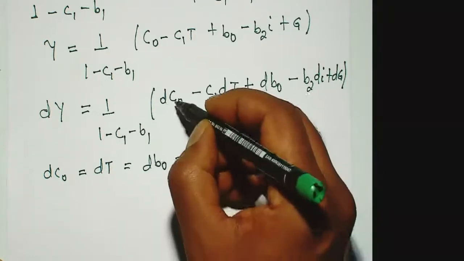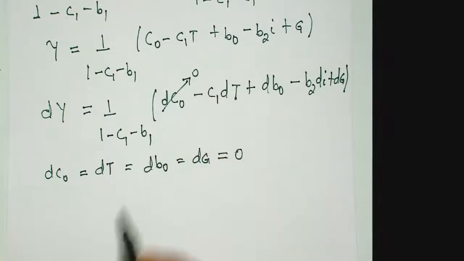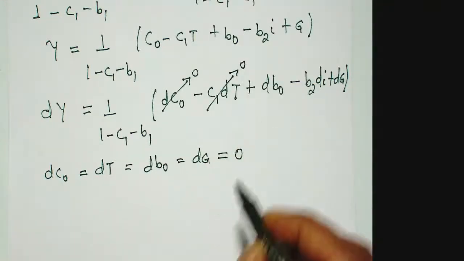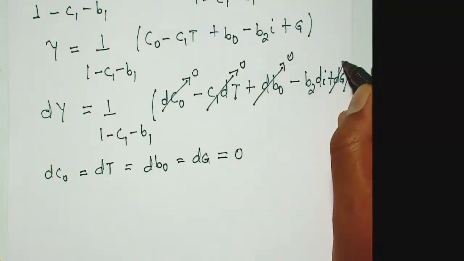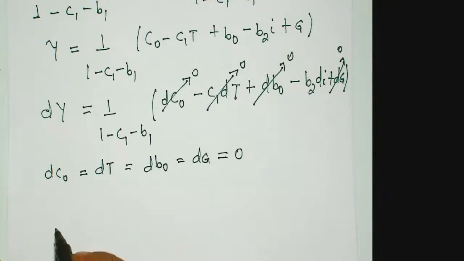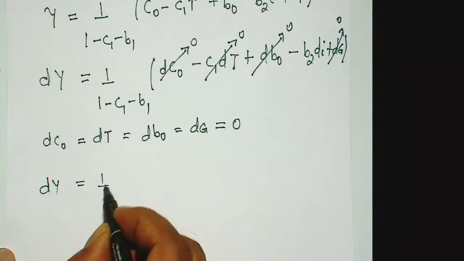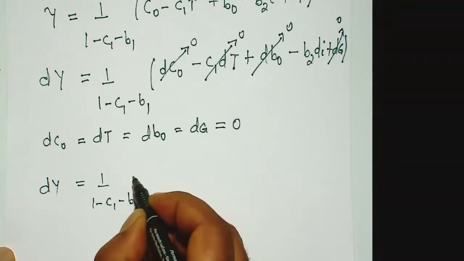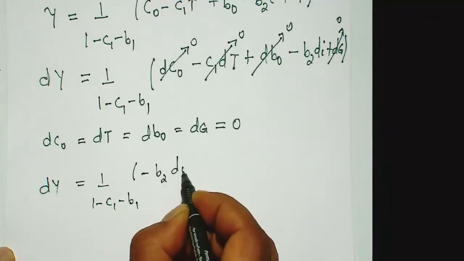If I set all these terms to 0, this term is 0, this term is also 0, and our last dG would be 0. So the remaining formula would look like dy is equal to 1 over 1 minus C1 minus B1 multiplied by minus B2 di.